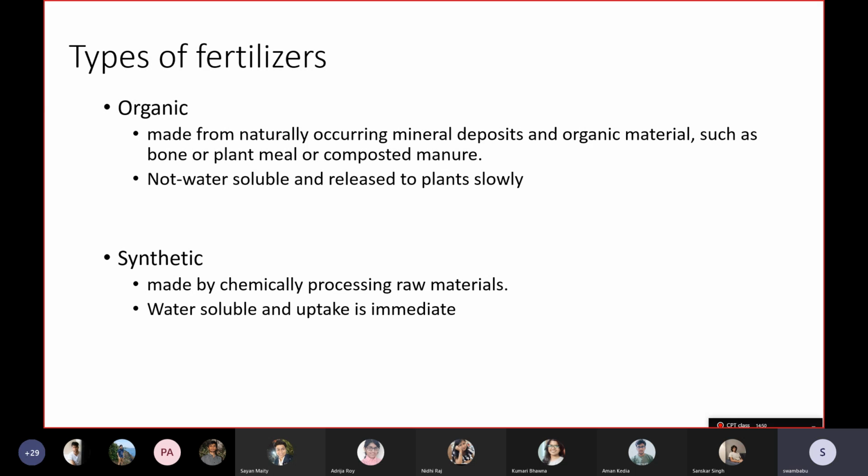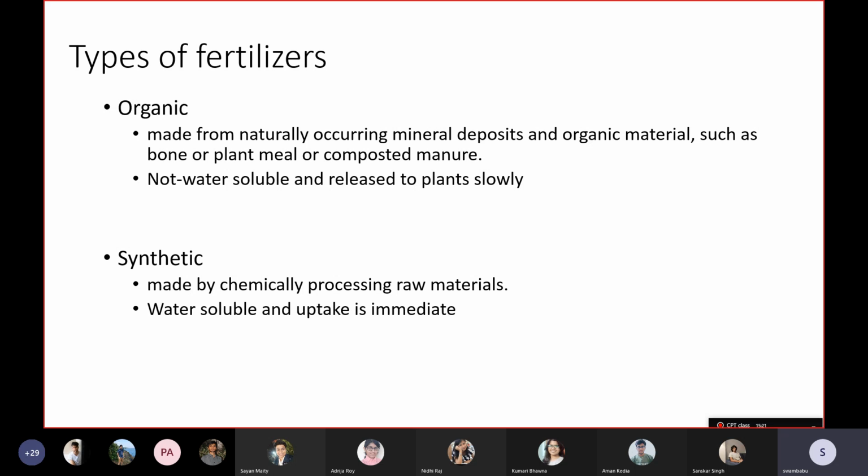Organic fertilizers are not water soluble. Hence, they are released to the plants very slowly. Because the fertilizers are applied to the soil, and fertilizers which are not completely water soluble doesn't mean that they are insoluble, it is very mildly soluble.